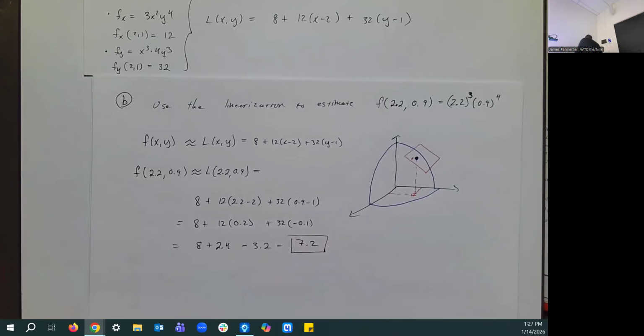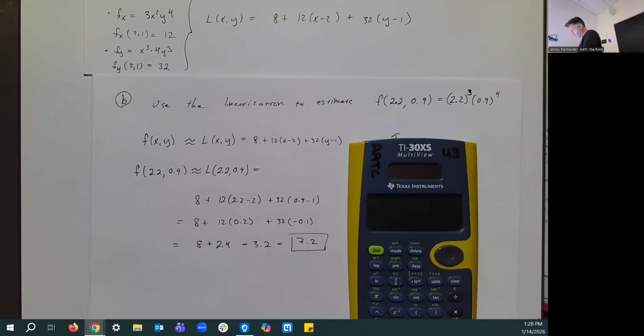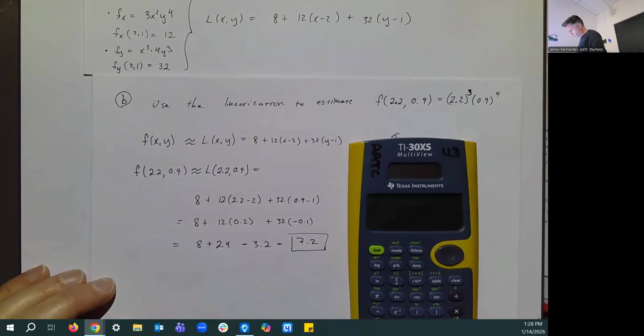How good of an estimate was it? Good question. I don't know why I feel like I need to pull out my handheld calculator when I literally have a computer in front of me, but I do. So let's see, if we plug that in, we end up getting 2.2 to the third times 0.9 to the fourth. 6.98.